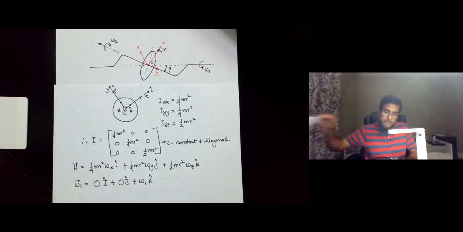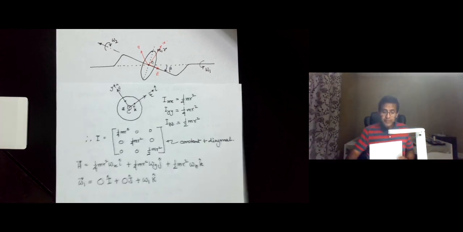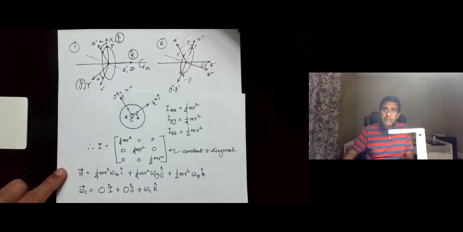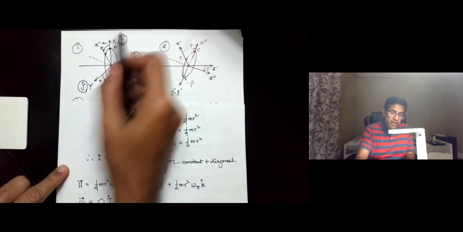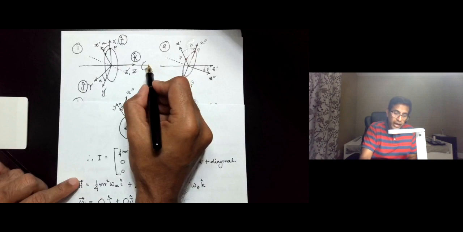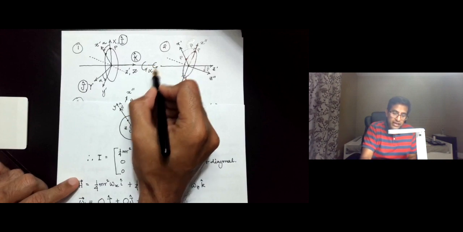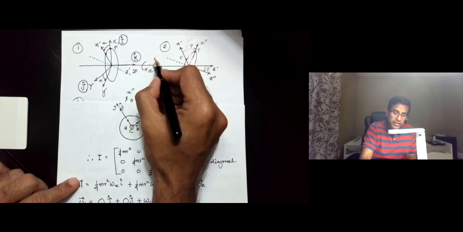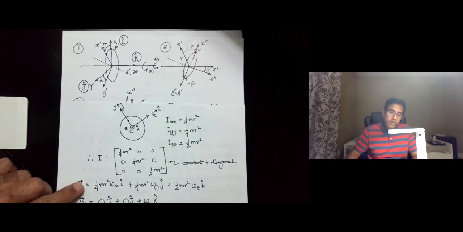And this capital Ijk corresponds to the starting ijk unit vectors. Remember that the omega 1 angular velocity is consistent with alpha. So this was the angular velocity omega 1. Okay, so omega 1 is indeed in the capital K direction.